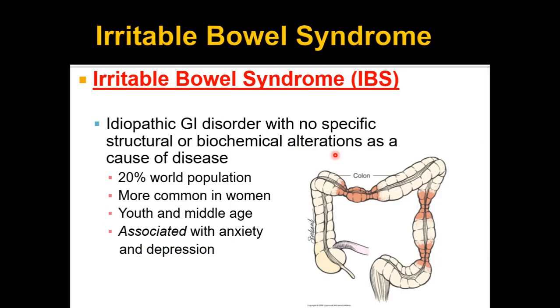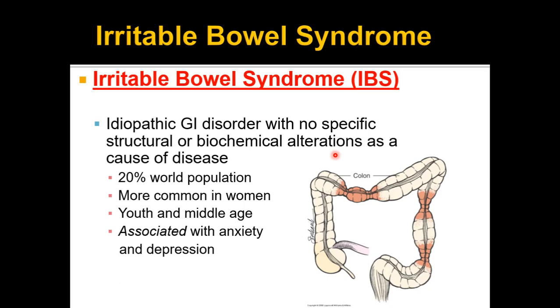All right, next up, irritable bowel syndrome, IBS. Don't get IBS confused with IBD, because with irritable bowel syndrome, current knowledge is that there's no inflammatory trigger here for IBS. I suspect that that's going to change over time.